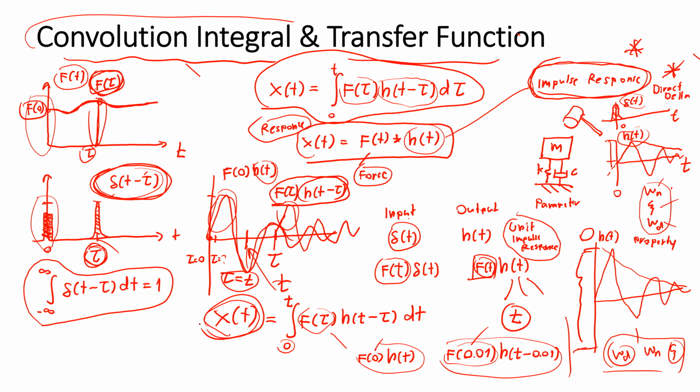At time t, you need to integrate from time equal to 0, changing the value of tau from 0 to time t. The running parameter is tau, and the limit of integration is from 0 until the time t.